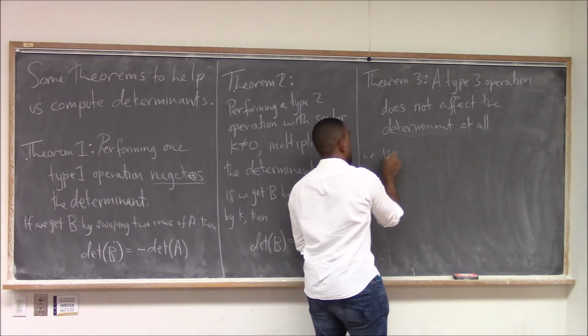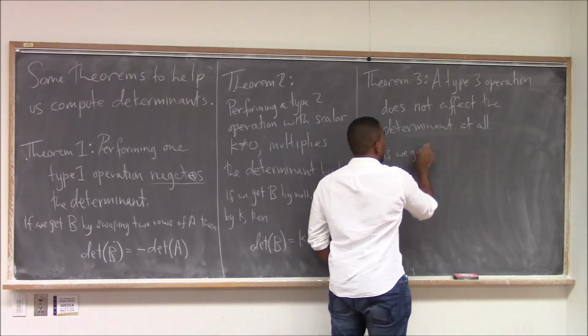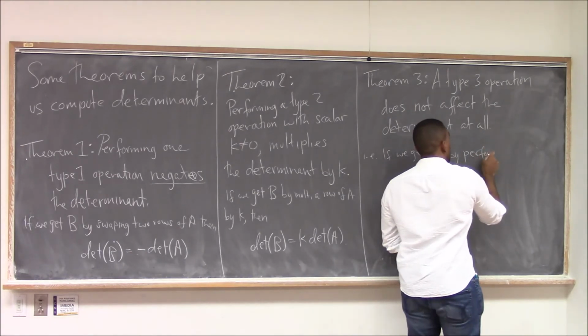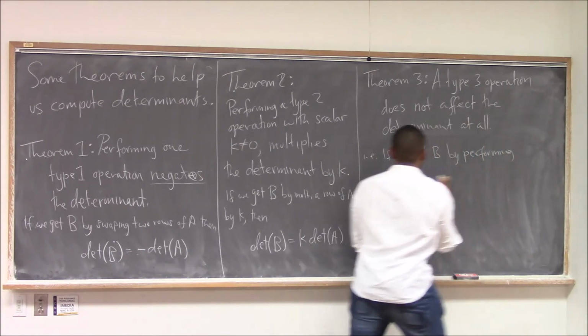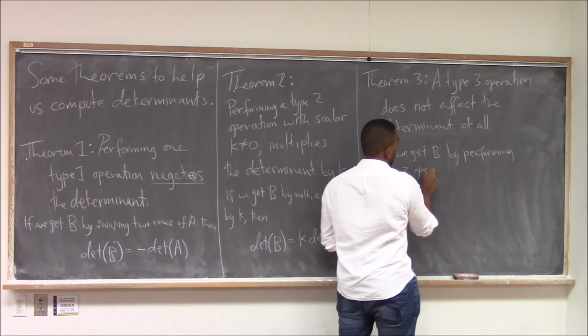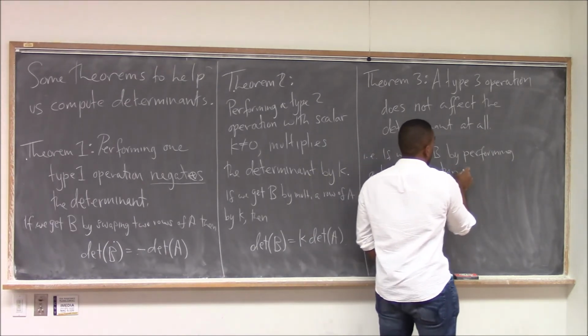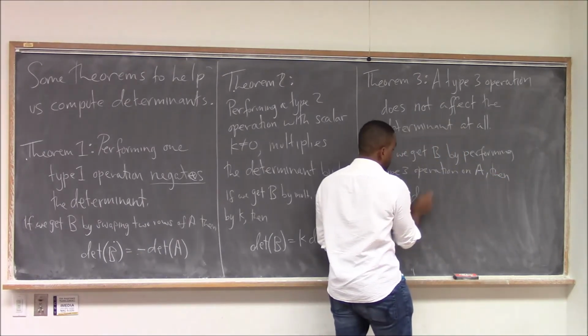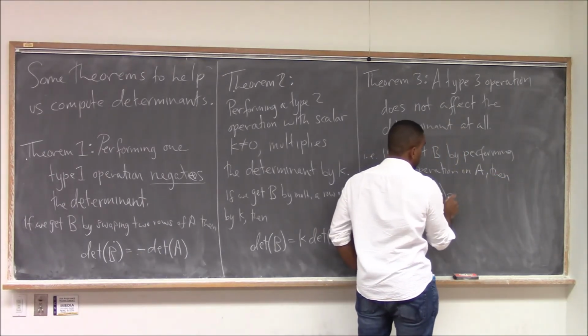I.e., if we get B by performing a type 3 operation on A, then it turns out the determinant of the new matrix is exactly the same as the determinant of the first matrix.